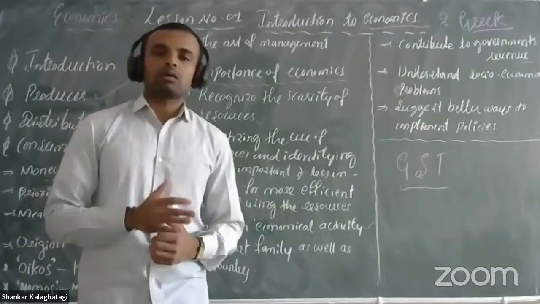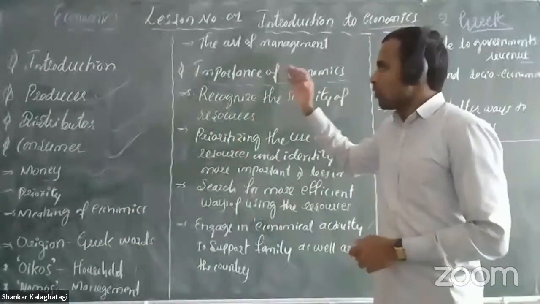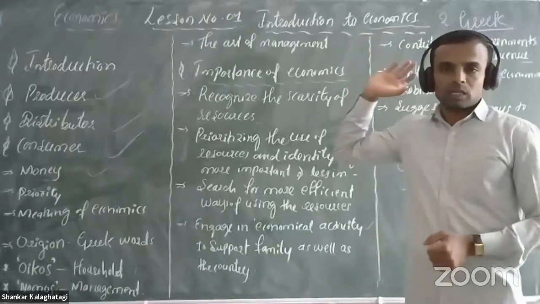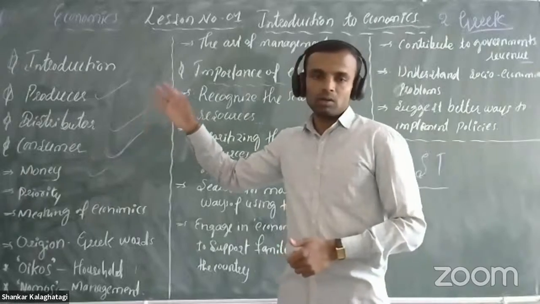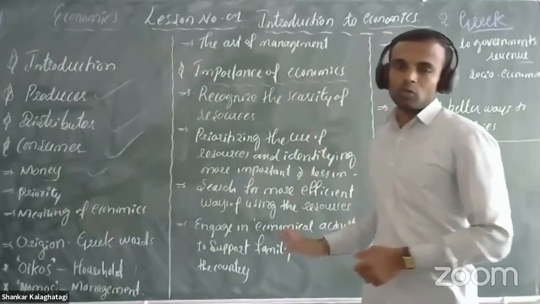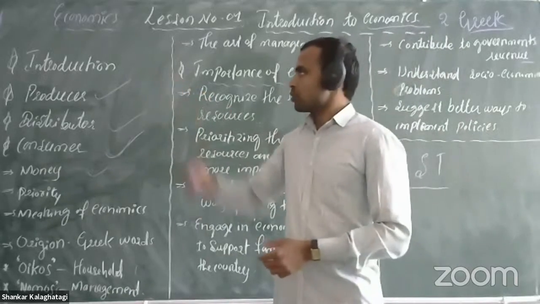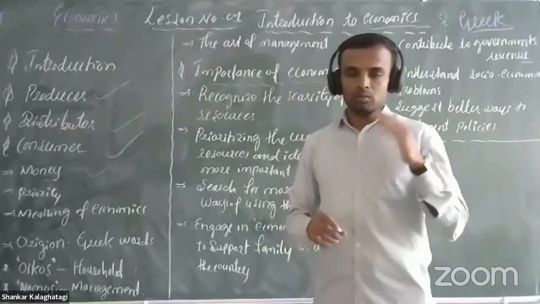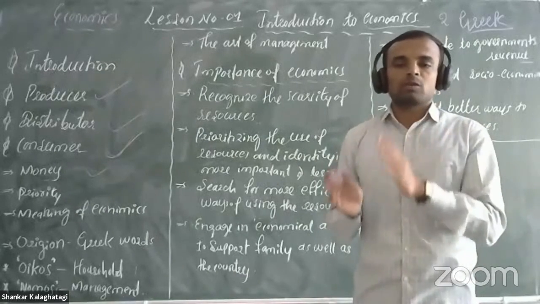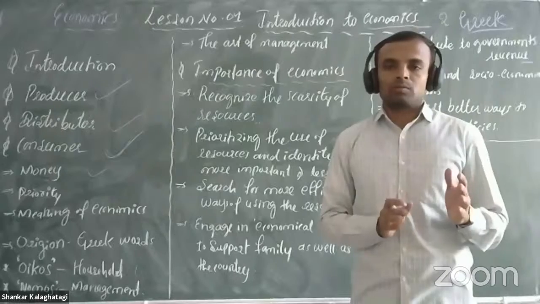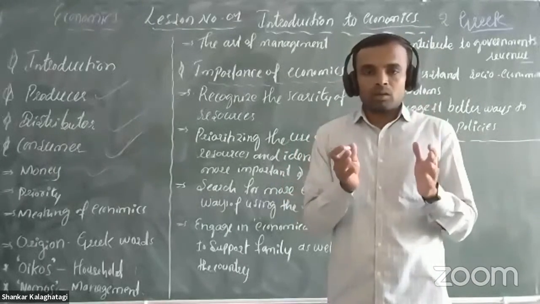So far in this class we discussed the meaning of economics, the producer, distributor, consumer, and the importance of economics. What do you mean by producer? The people who produce or manufacture goods and services are called manufacturers or producers.